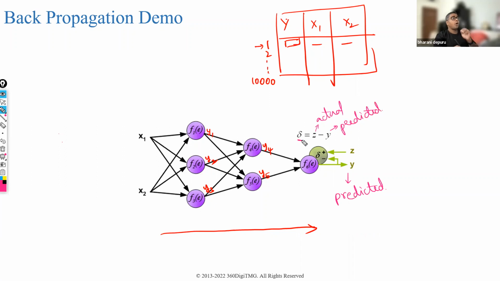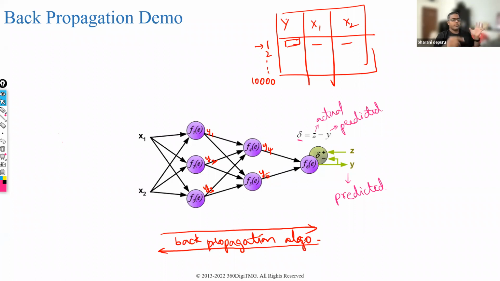If there is any loss, then what you need to do is go back and update the weights. This process of coming forward, calculating the loss, going back and updating the weights is called the backpropagation algorithm.